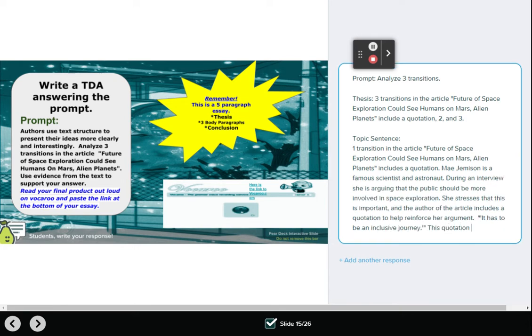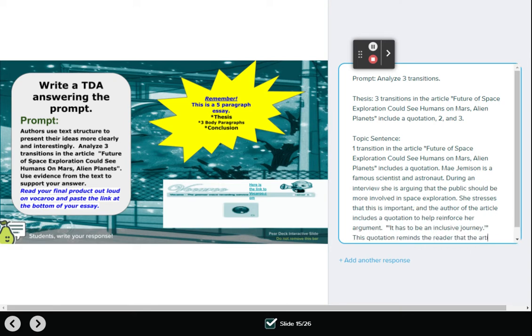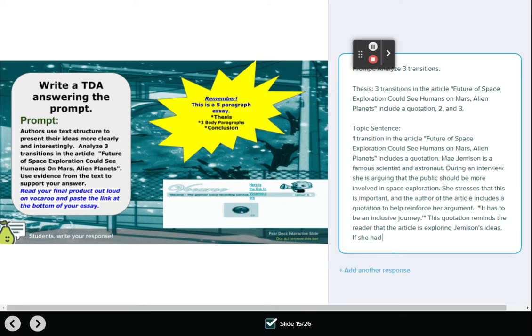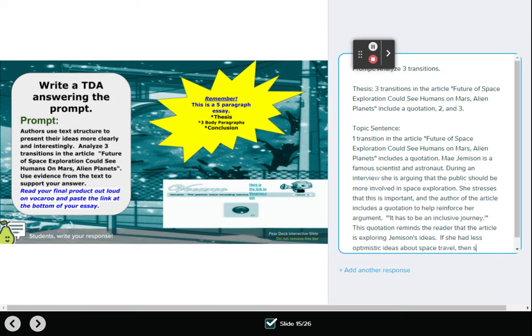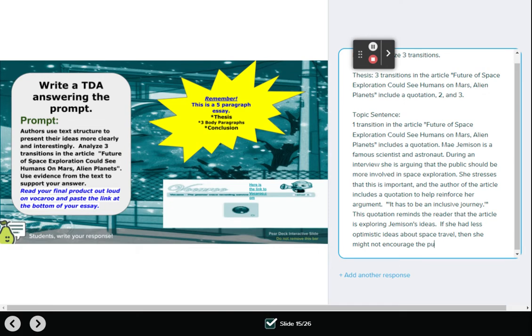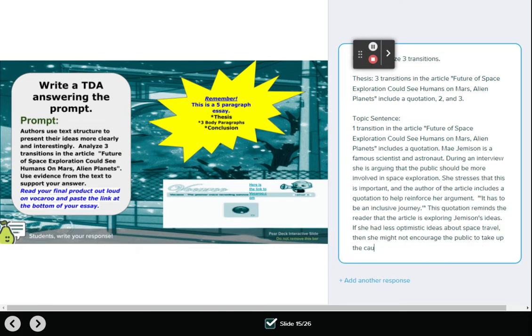This quotation reminds the reader that the article is exploring Jemison's ideas. If she had less optimistic ideas about space travel, then she might not urge the public to take up the cause.